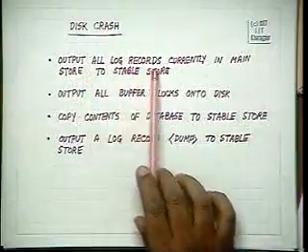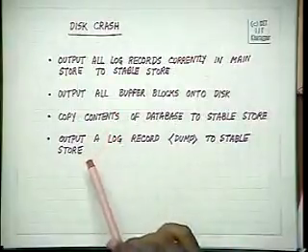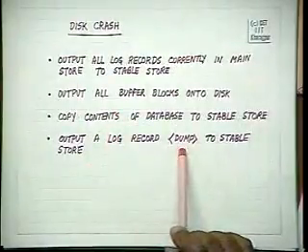It's a very simple principle. So in the case of a disk crash, you output the log operations which you have to take care of before you write down a dump.